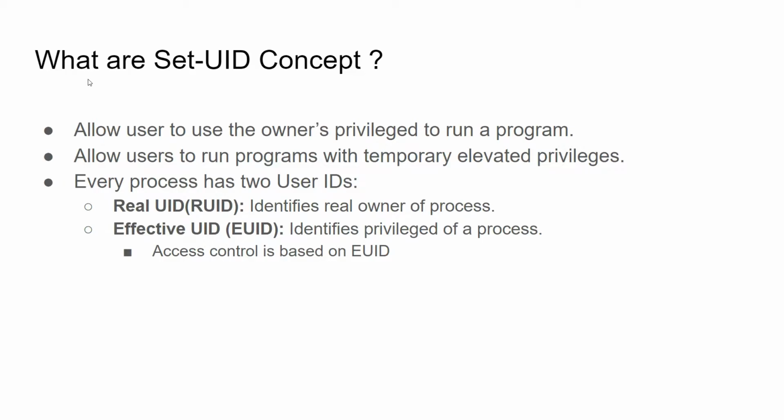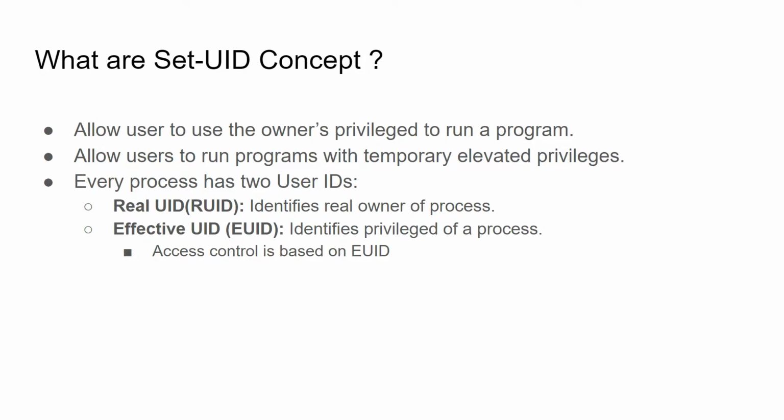What is the Set-UID concept? A Set-UID program allows the user to use the owner's privilege to run a program with temporary elevated privileges. Every process has two user IDs: the real UID and the effective UID. The real UID is the real owner of the process, and the effective UID is the privilege of a process.